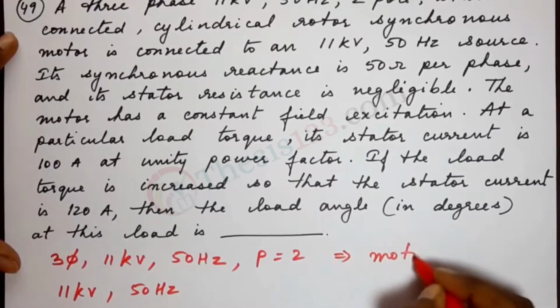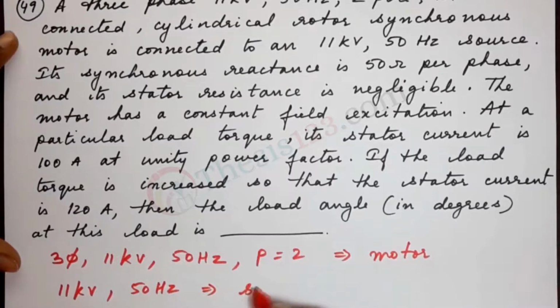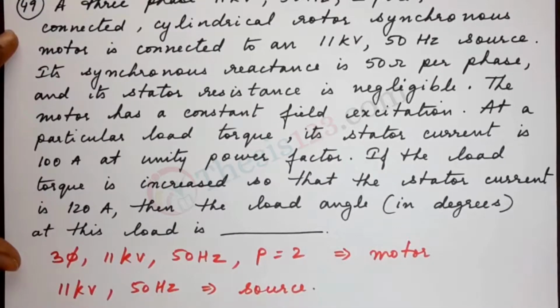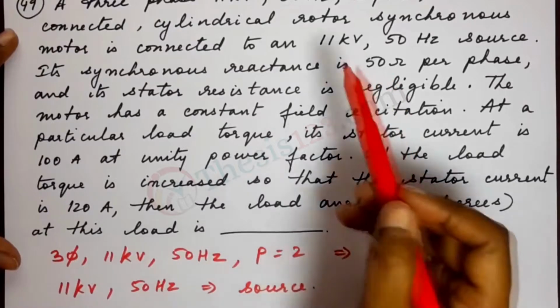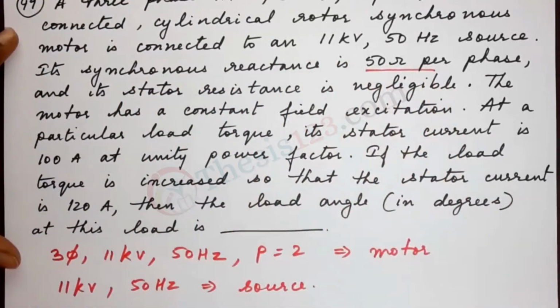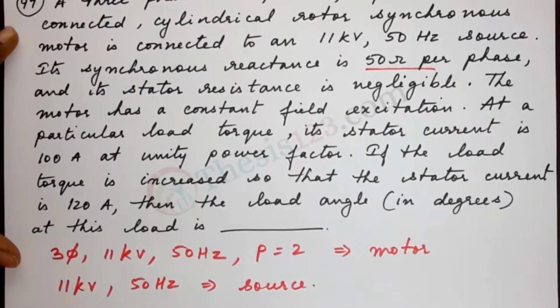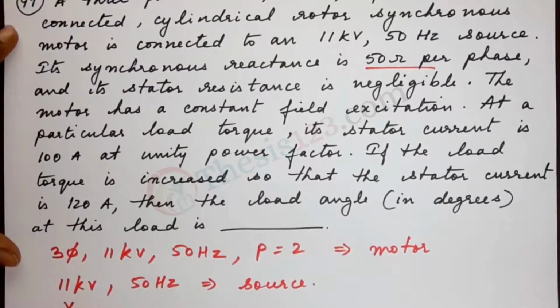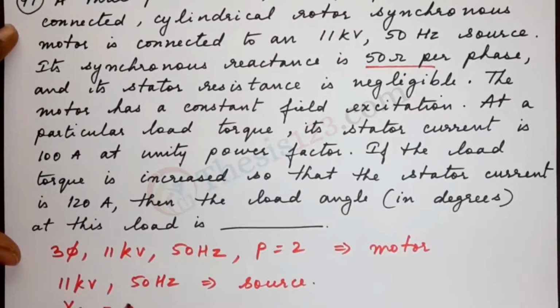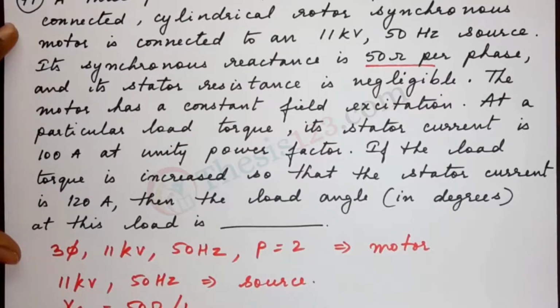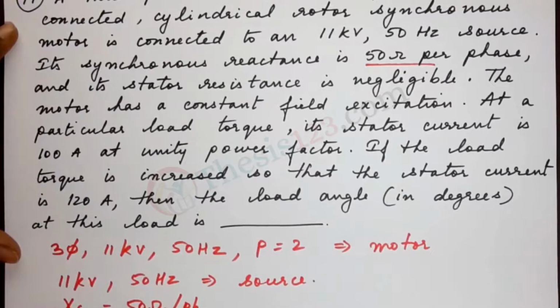This is the motor. This is the source. Next, we have synchronous reactance given to us as 50 ohm per phase. So that's XS, 50 ohm per phase.